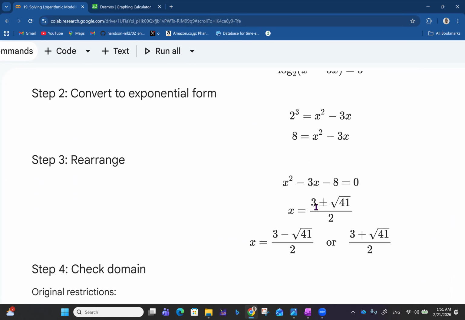So that's minus b, that's 3 plus or minus the square root of b squared minus 4 times 1 times minus 8. That's 9 plus 32, which is 41.